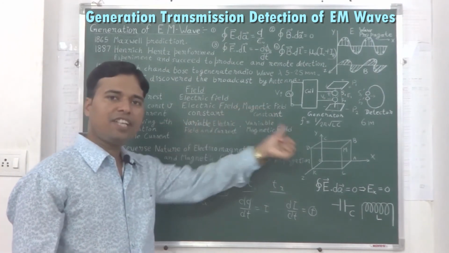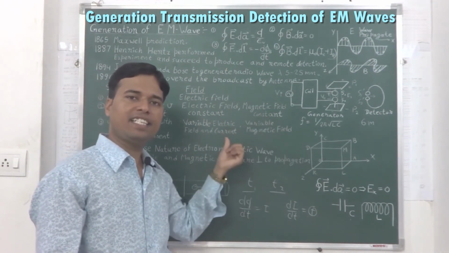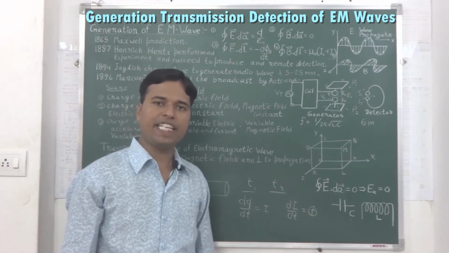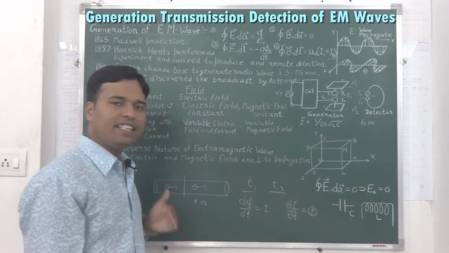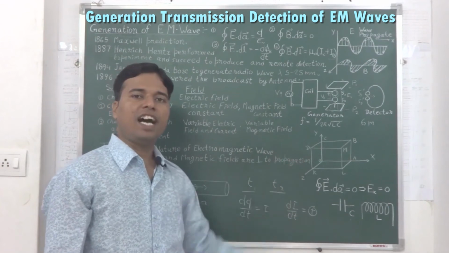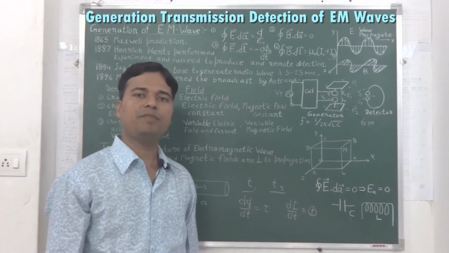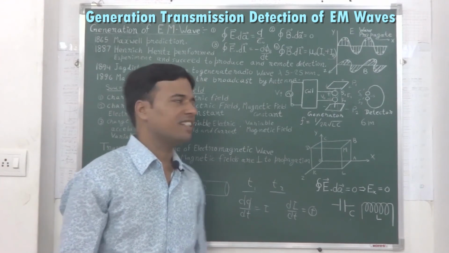So these two fields can generate each other. These electric and magnetic fields are perpendicular to each other, and both fields are perpendicular to the direction of electromagnetic wave propagation.